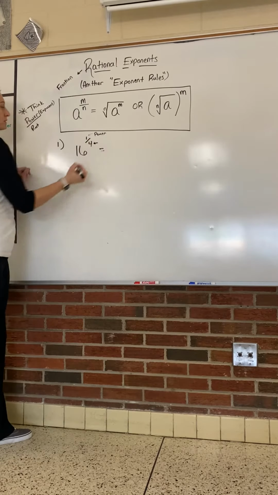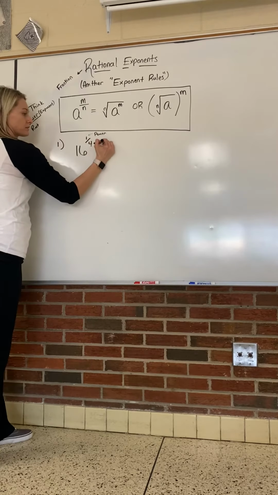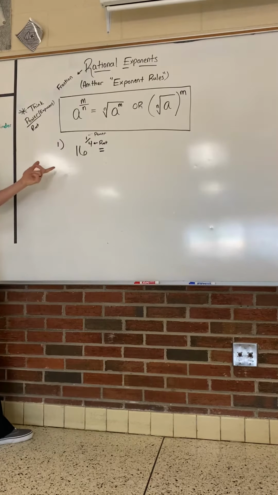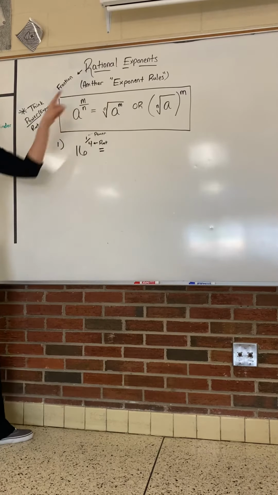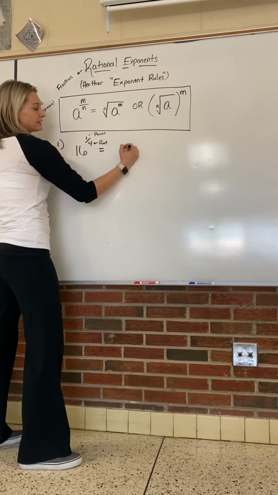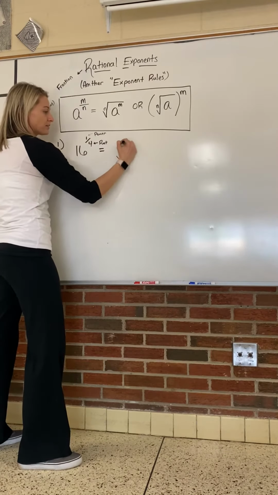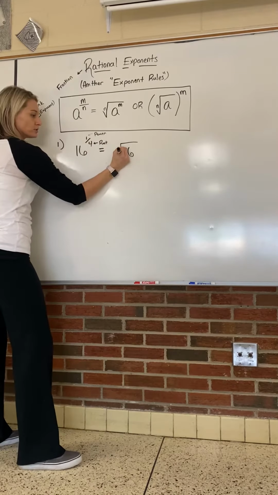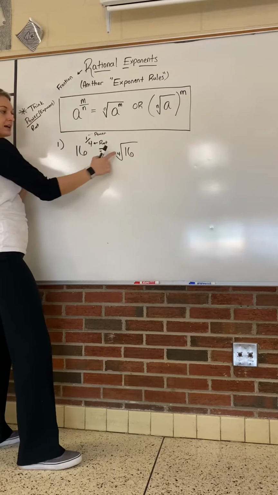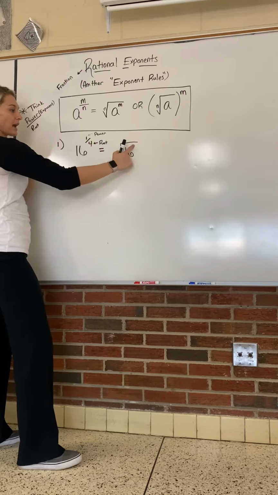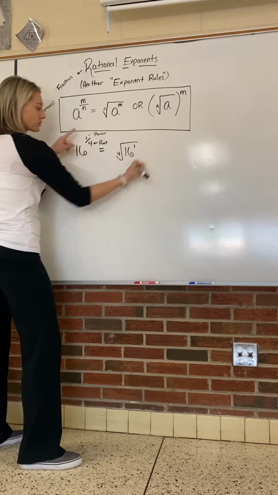The bottom number is your root. If you were to rewrite it in this form, remember that 16, just like the a did, is going to go underneath the root, and the bottom number becomes your root. So it comes over and slides in the little check mark thing. And then the 16 will now be to that power.